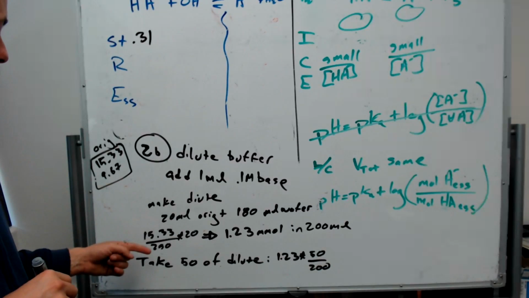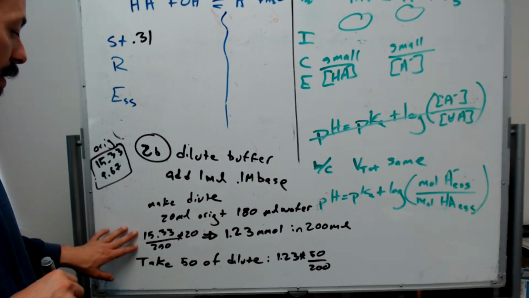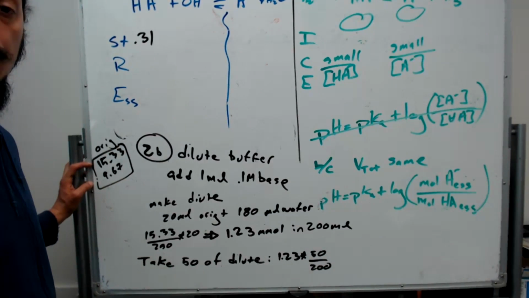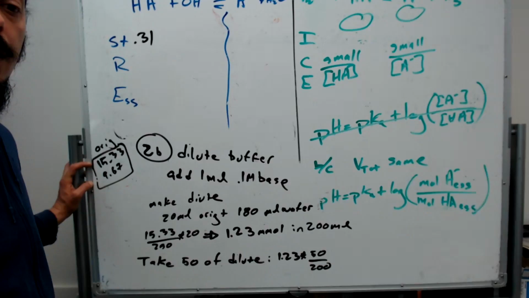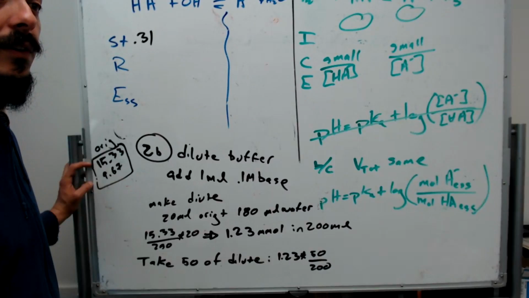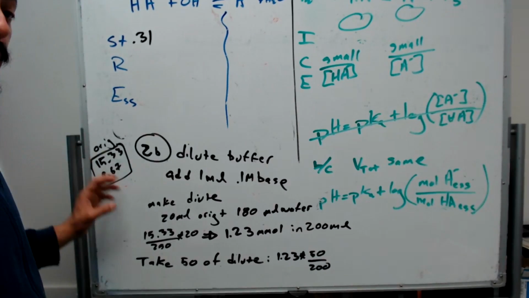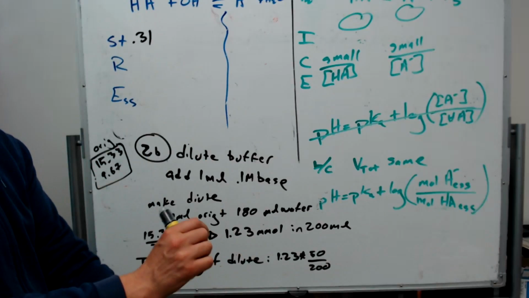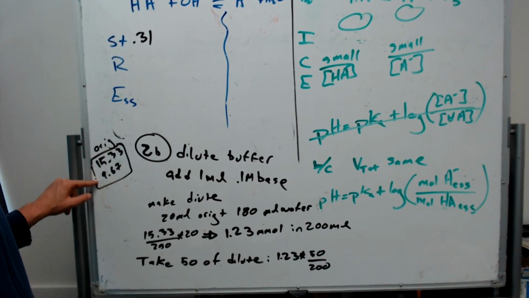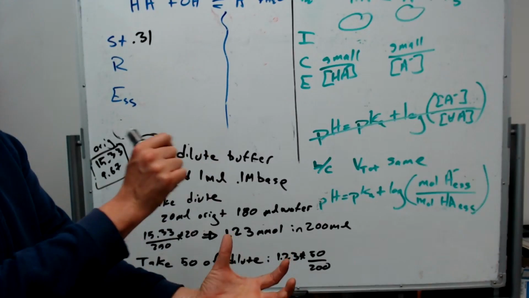The 15.33 and the 9.67, where are those coming from? Those were from whoever gave me their sample data. Those were the values that we got when we originally made our buffer. When we originally made our buffer in the 250 ml volumetric flask, this is how many moles of weak acid and conjugate base we had in our flask.